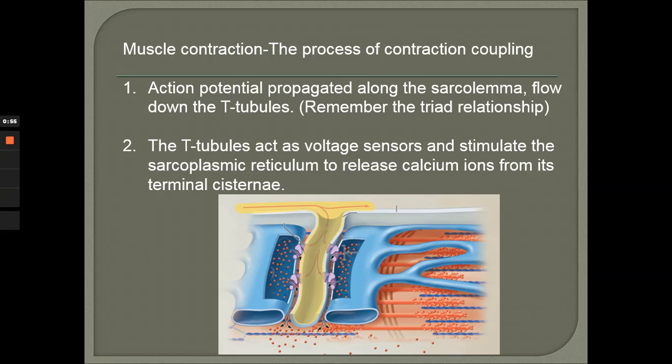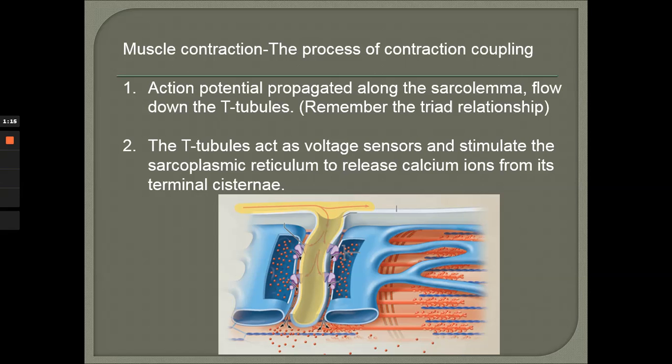Now, what I want you to visualize is that it's spreading from that neuromuscular junction all around the muscle fiber and down the T-tubules. Now remember, those T-tubules were invaginations of the sarcolemma.